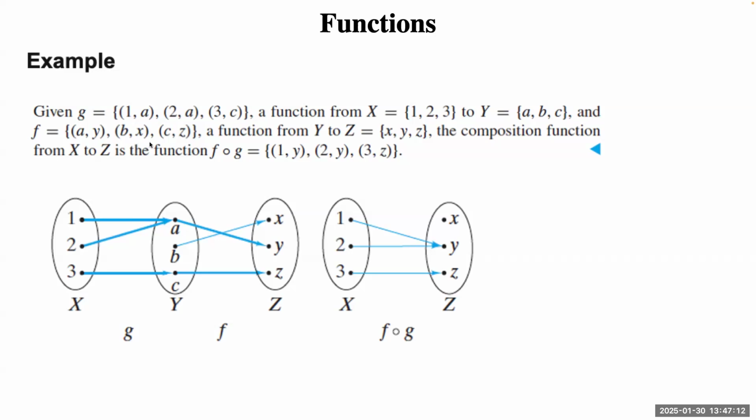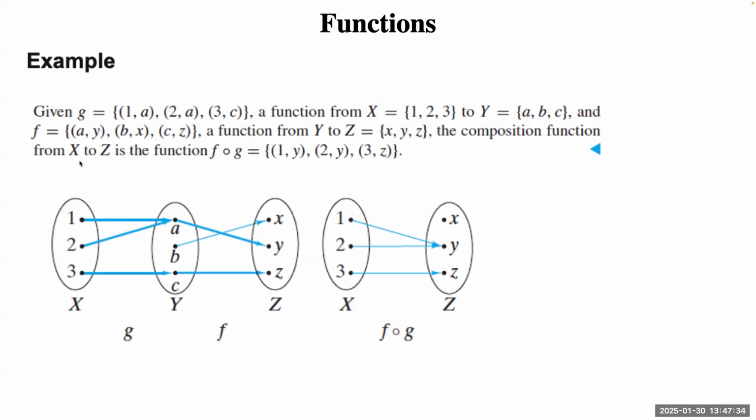So I could write what's called the composition of the two functions, where 1 comes from the X set and y comes from the Z set. So f composed with g would be 1 to y, 2 to y, 3 to z.